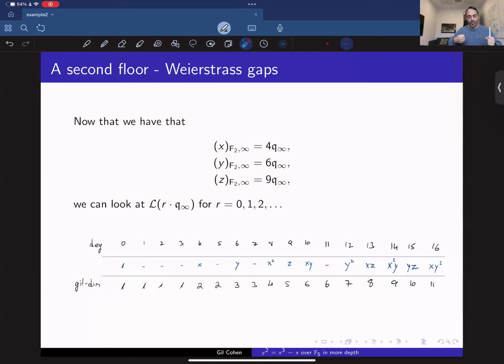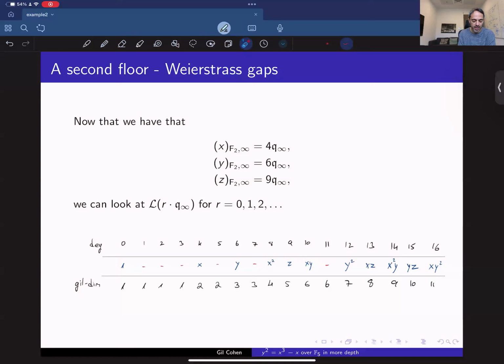So I'm trying to populate a Riemann-Roch space, so I'm finding independent functions there. Maybe not a basis. Maybe I didn't find a complete basis. It turns out I actually did. Strictly speaking, I write here the dimension as I found it. And here are the functions themselves that you add up every time.